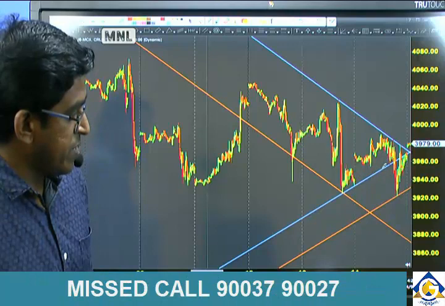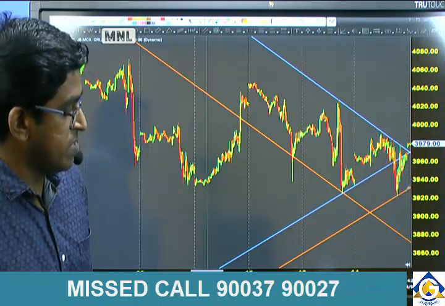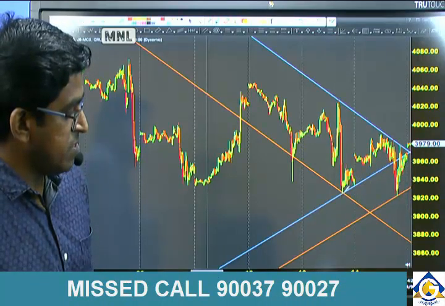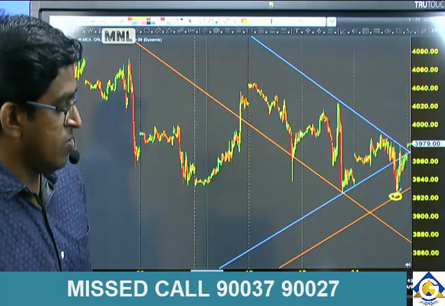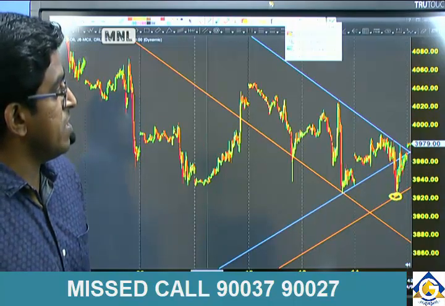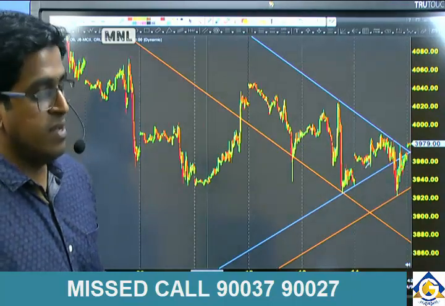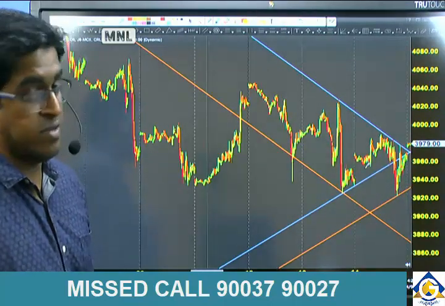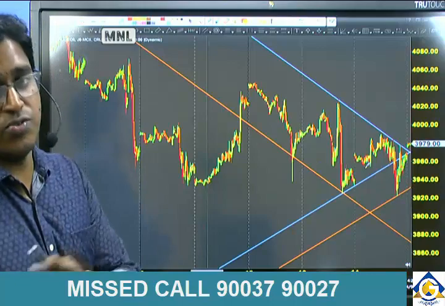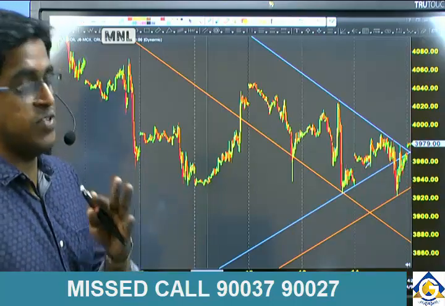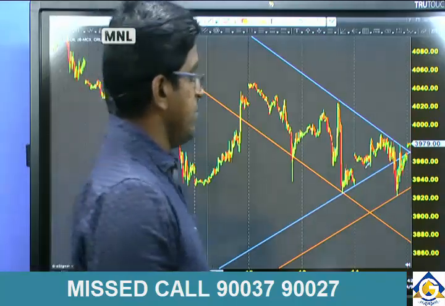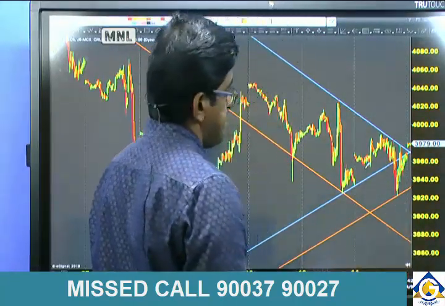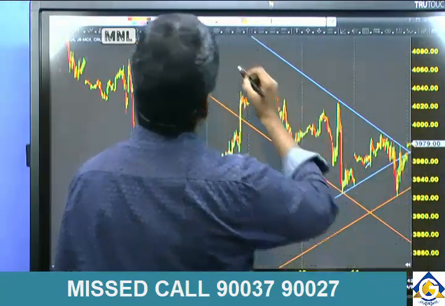Before that, it had provided a good support. I had taken these lows and connected them with a single line, only a single point. This is one beauty while drawing a trend channel. You should use your creativity, visualize as if the price is moving in that path. Assume that the price had opened here.